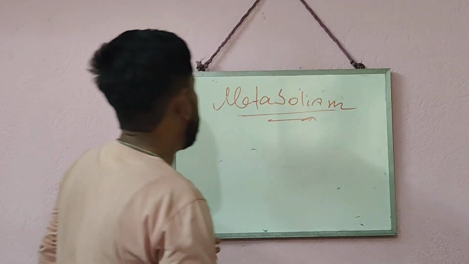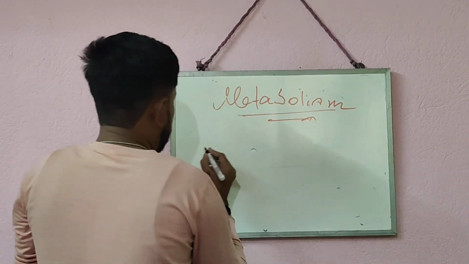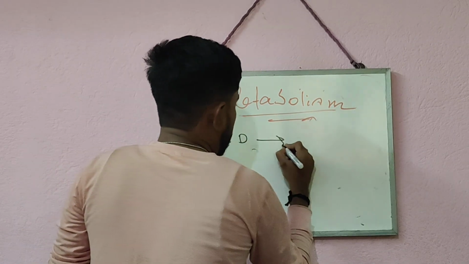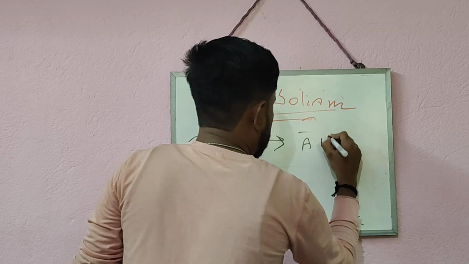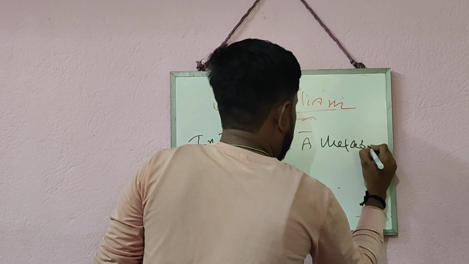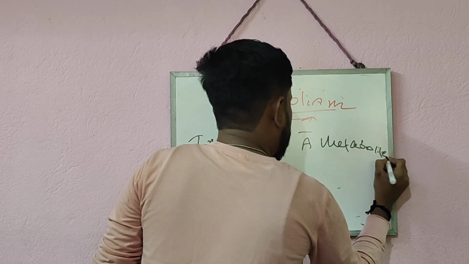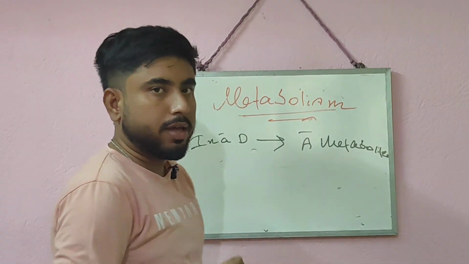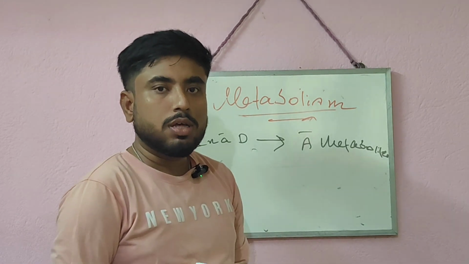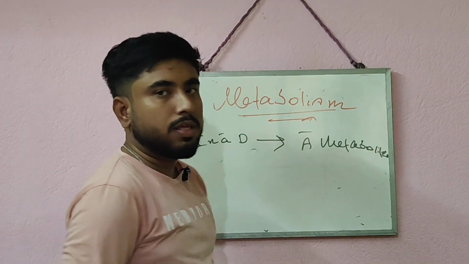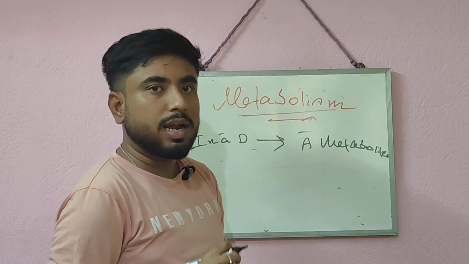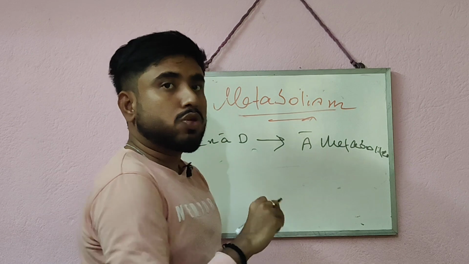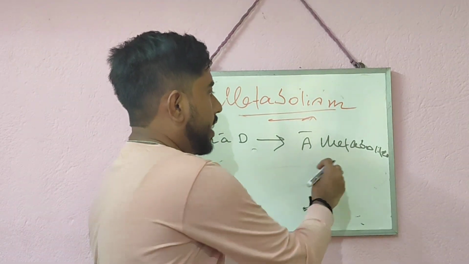The third process of metabolism is the conversion of inactive drugs to active metabolites. These are drugs which are inactive in nature, meaning they don't have any action, but after reaching the body they go through different metabolism phases in the liver, where different enzymes help in metabolism of that drug, and it is converted to its active form or active metabolite.